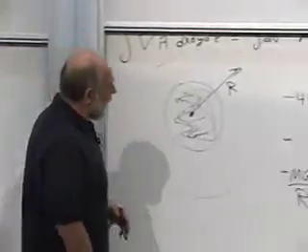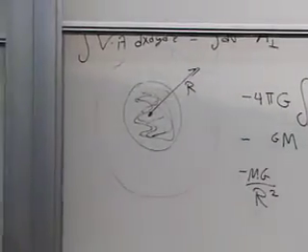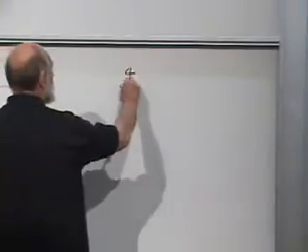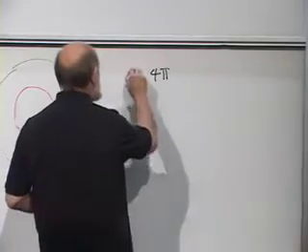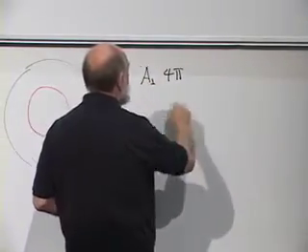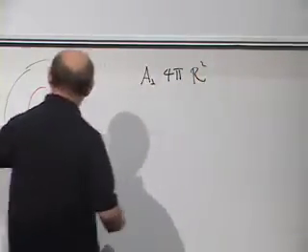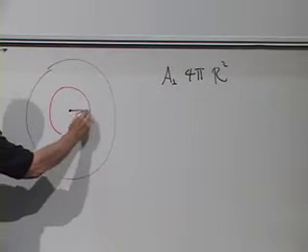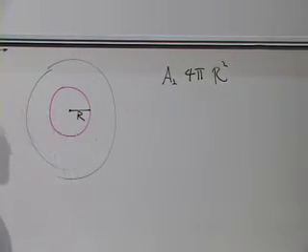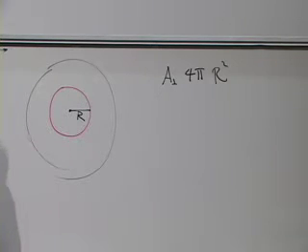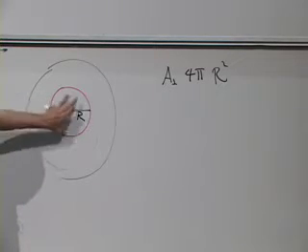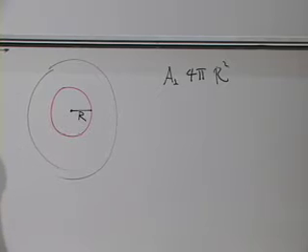The right-hand side stays the same. The right-hand side is still 4 pi. In other words, the perpendicular component of the field times 4 pi times r squared, where this r is now the radius of the inner sphere here. What about the mass within the red sphere? How much mass is there within the red sphere? Well, for that we have to make some kind of assumption about how the mass is distributed throughout the red sphere.